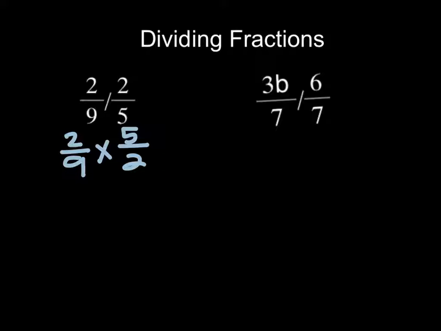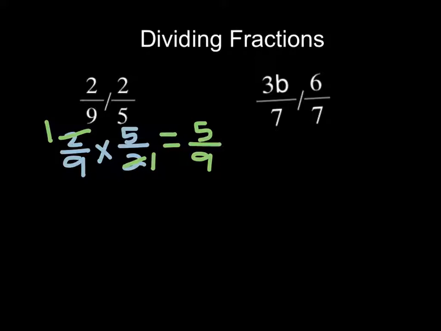Therefore, you can continue working just like you would with multiplication. The 2's cancel out to be 1. So on the top, you have 1 times 5, and on the bottom, you have 9 times 1. 5/9 is a number that looks familiar, and it's not a crazy number that you would have had if you tried to divide your fractions.